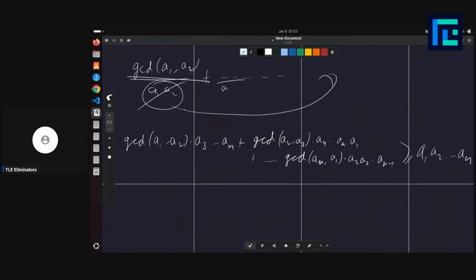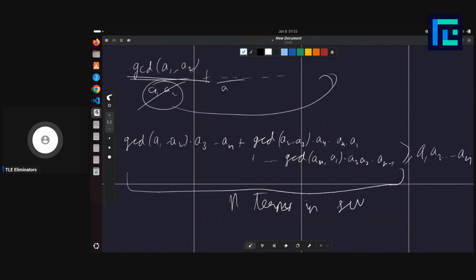And so on. So what we have here is that we have a3 till an, a4 till a1, and so on. So we have n terms in the addition, right?